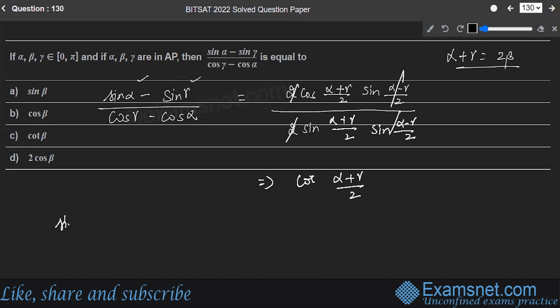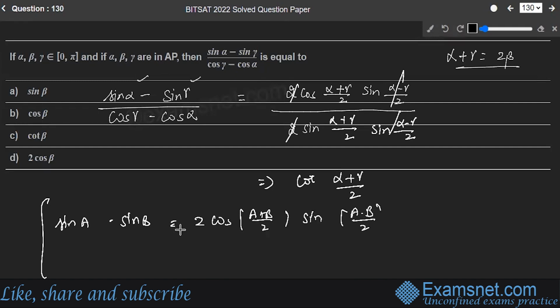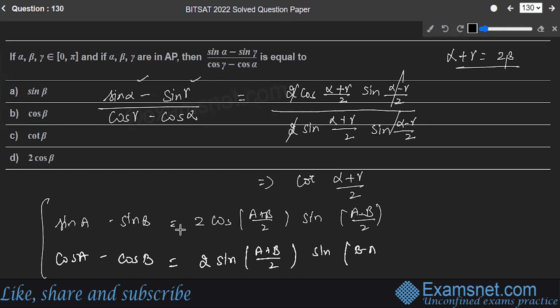Right, what formulas am I using over here? Let's discuss. Sin A minus sin B is equal to 2 cos (A plus B) upon 2 sin (A minus B) upon 2, and cos A minus cos B is 2 sin (A plus B) upon 2 sin (B minus A) upon 2.